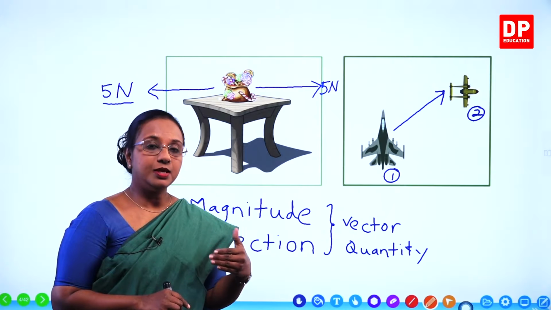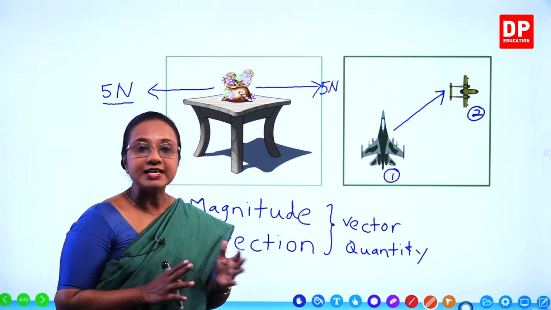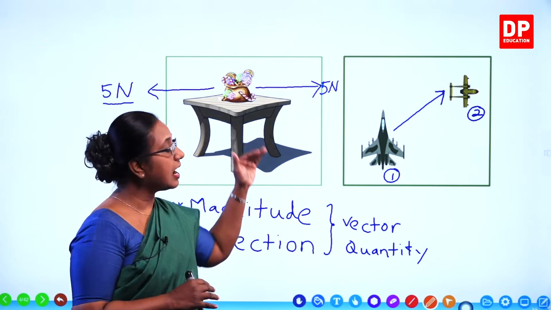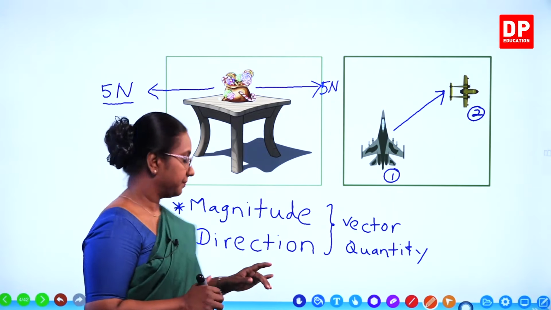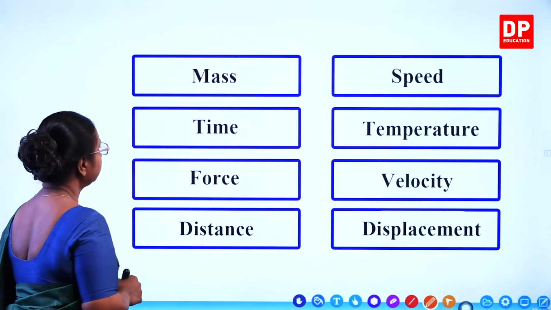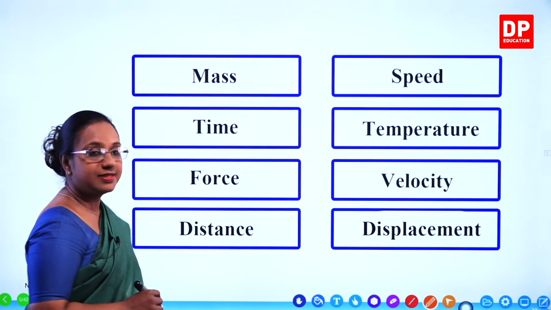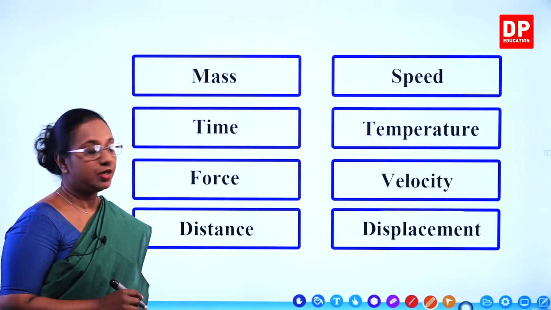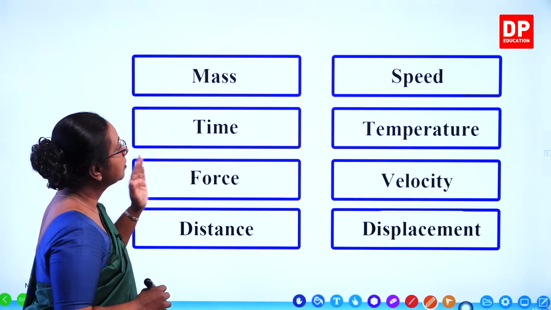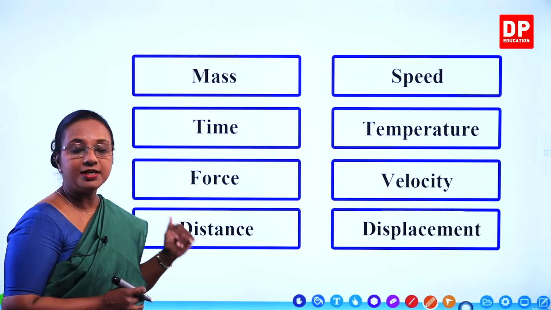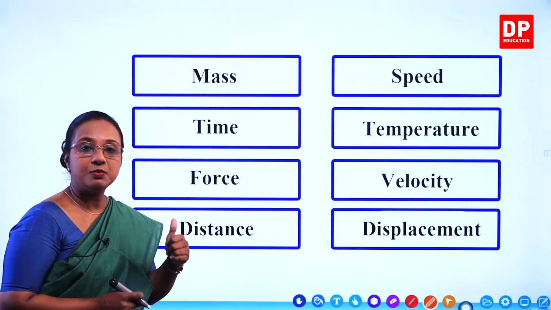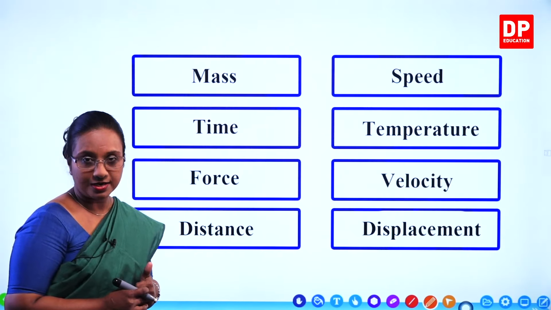So we will see whether we are able to classify quantities under these two types. There are some examples given to you. From these, we will need to select what is a vector quantity and what is a scalar quantity.